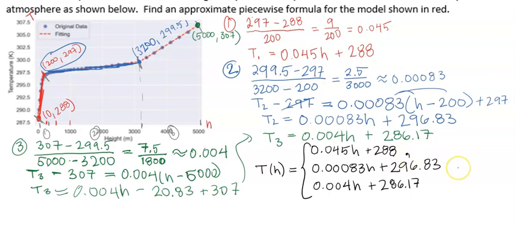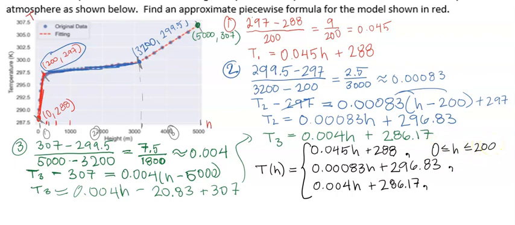So we generally just put a comma, or you can write the word if in there if you prefer one of those two. And then we just write when this part of the formula is valid. So the far left piece was valid for h's between 0 and 200. So we're going to say if 0 less than or equal to h less than or equal to 200, we use the first piece.